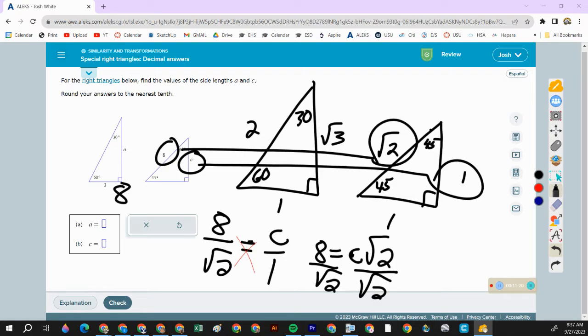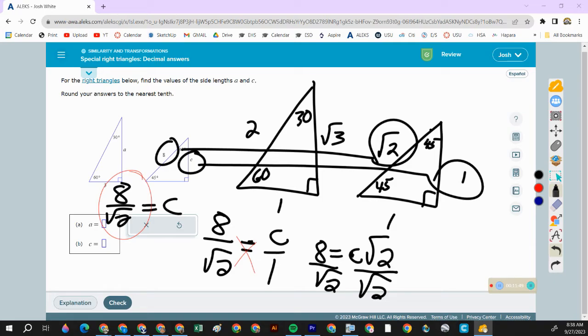And we get 8 over root 2 equals C. Now, I'm not allowed to leave a square root in the bottom. So technically, I should rationalize the denominator, but how does it want me to give the answer? In a decimal, in tenths. So I can just plug this into my calculator, and it will give me the answer I'm looking for.